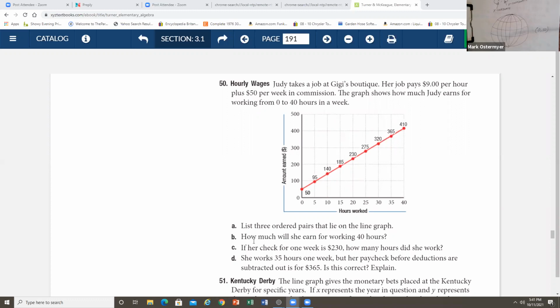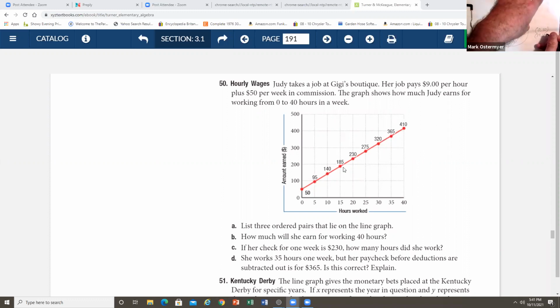Can you list for me 3 ordered pairs or points that lie on this graph of this red line here? 0, 50 is 1 point. Can you name 2 other points? 0, 50 is one of them. What would be another point? 15, 185. Yes, 15, 185 is another point that would lie on the graph.